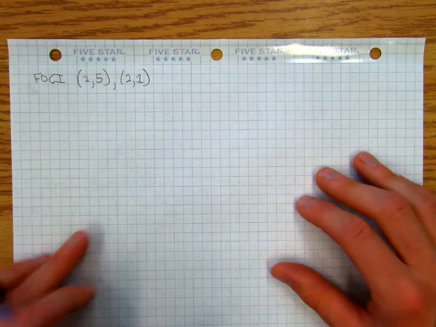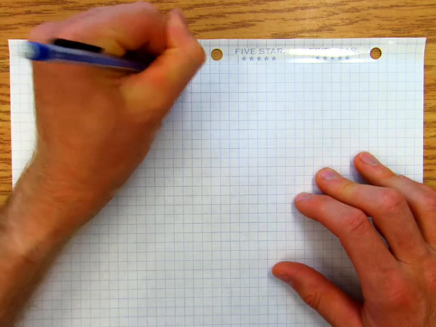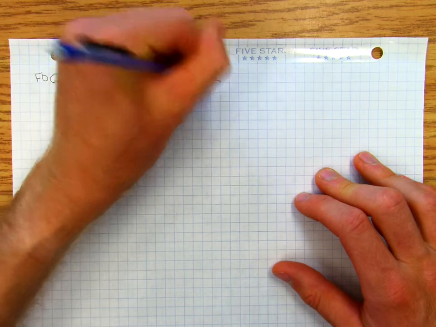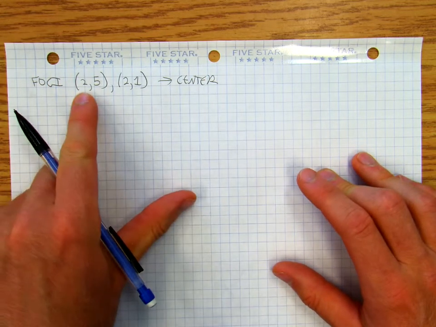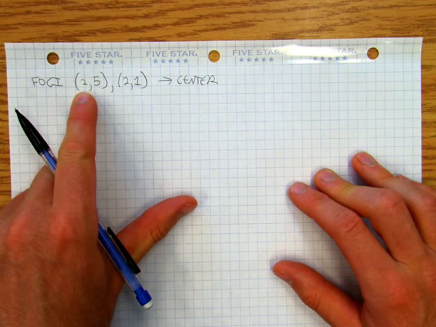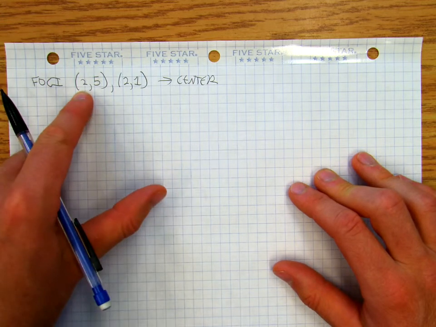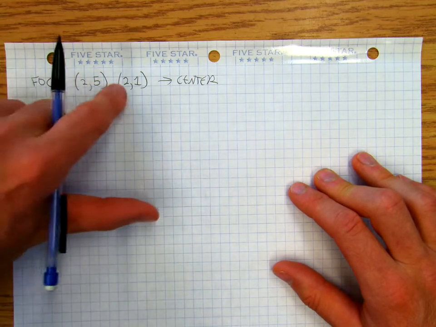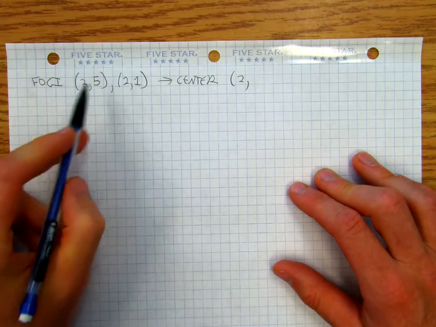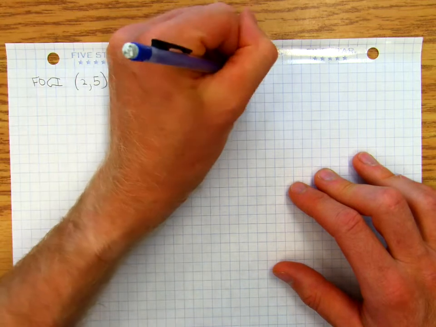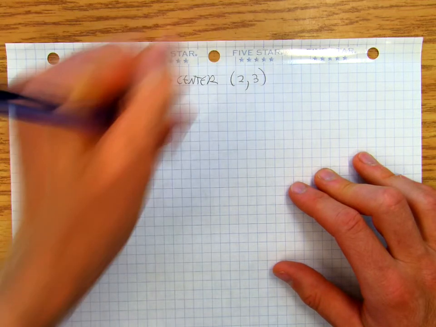That means my center is going to be halfway between those points. Halfway between 2 and 2 is 2. Halfway between 5 and 1 is going to be 3.